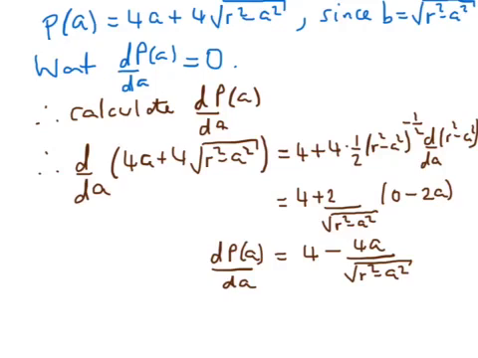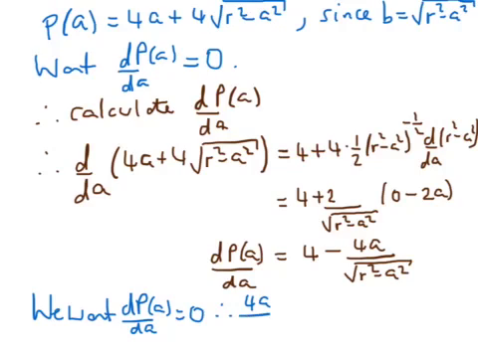So we want the derivative of this to be equal to 0, and if this is equal to 0, it must mean that 4 is equal to 4a over the square root of r squared minus a squared. So I write that out. I'm going to swap the ordering round. We have 4a over the square root of r squared minus a squared is equal to 4.